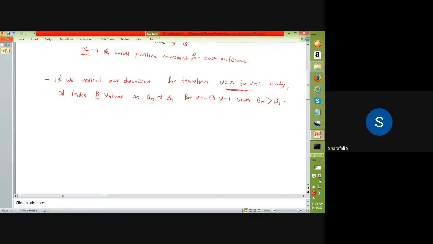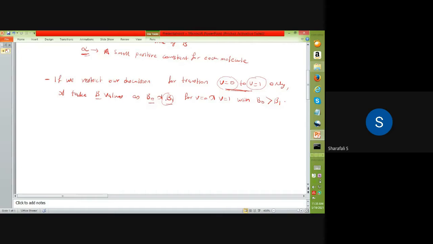B0 is the rotational constant associated with the vibrational state v equal to 0, and B1 is the rotational constant associated with the vibrational state v equal to 1.